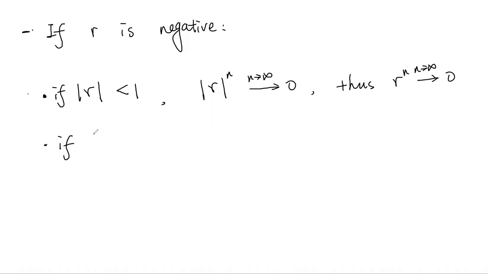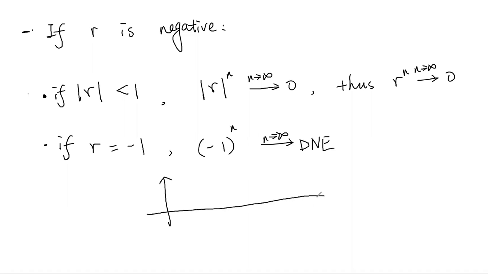Then if the absolute value of r is equal to 1, which means r is equal to -1, then -1 to the n as n approaches infinity doesn't exist, because it will be an oscillating sequence. When n is 1, you get -1. When n is 2, you get 1. It will keep oscillating between -1 and 1.